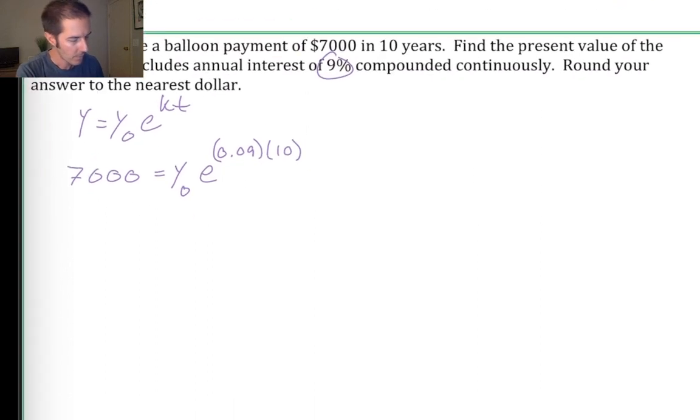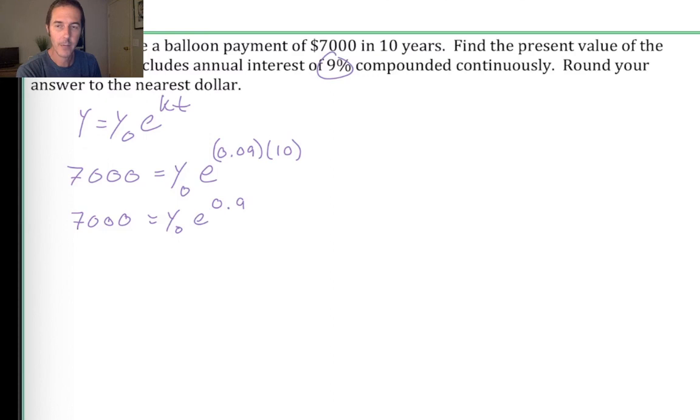I'm going to do this arithmetic in the exponent position, which makes the new exponent 0.9. And then, because all I'm doing is solving for y sub 0, I don't need to use the natural log function at all here. All I have to do is get y sub 0 all alone.